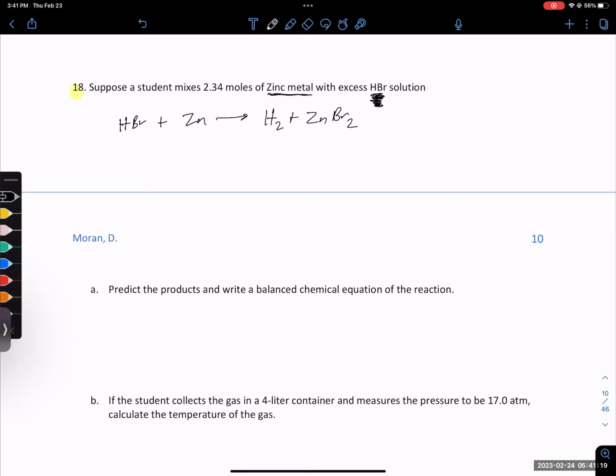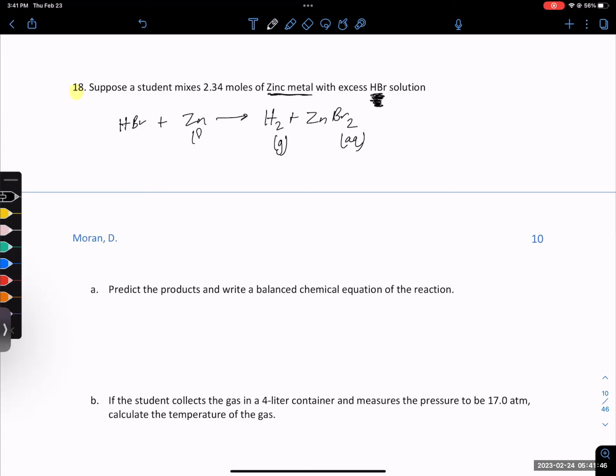And you can assign states. We know zinc bromide is going to be, is it soluble or not? Okay, so zinc bromide is aqueous. And then what about hydrogen? What's the state for that? It is a gas. And what about zinc to begin with? Well, it's a metal, so it has to be solid.